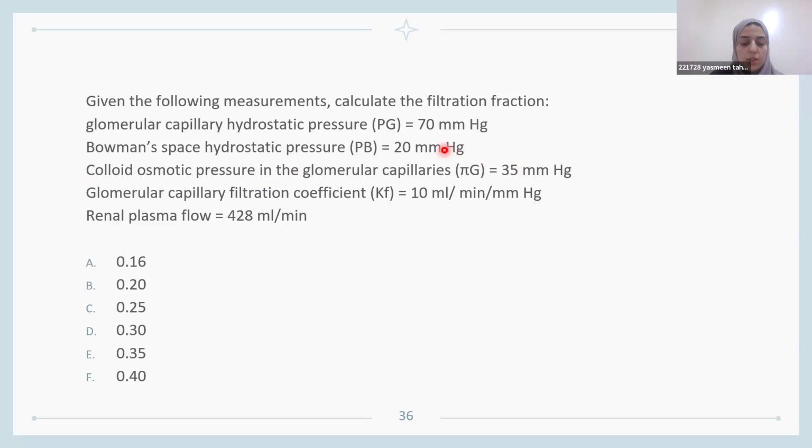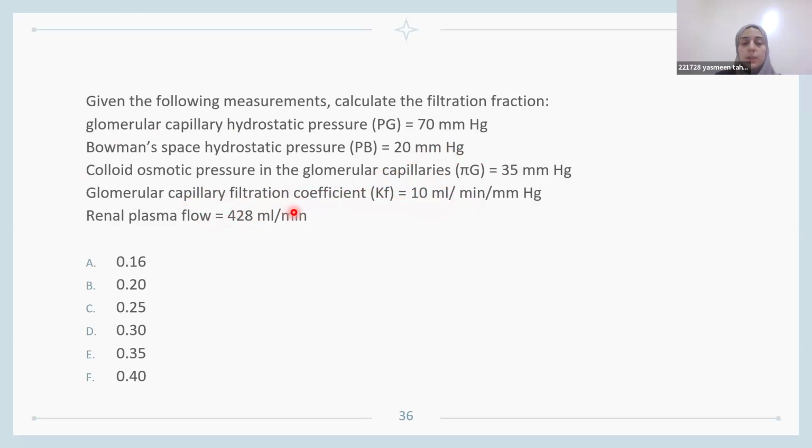Let me check how much that is. 70 minus 35 minus 20 is going to give us, yes, a net filtration pressure of 15. And the glomerular capillary filtration coefficient is 10. So 15 multiplied by 10 is the GFR, which is 150. GFR is 150. Renal plasma flow is 428.